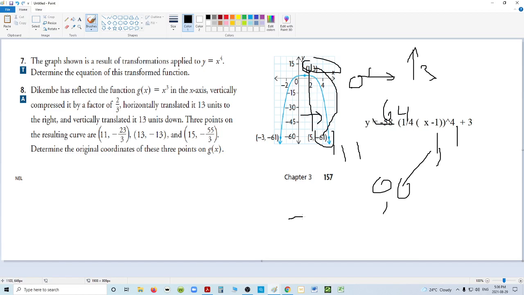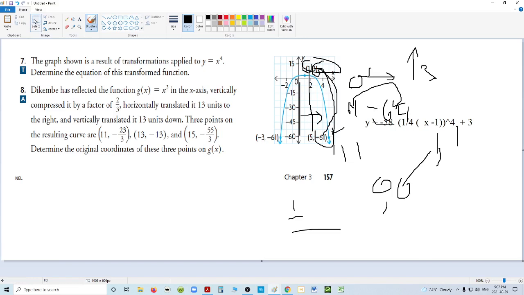And it didn't increase by 1, it increased by 4. That means I have a stretch of 4 on my x value. Well, stretch is not by 4, it's written as 1/4. So that's how I came up with 1/4. Then when I looked at my y value, it went from 3 all the way down to negative 61, which is a distance of 64, which means it has a stretch of 64. And because it's facing downwards, I put a negative.